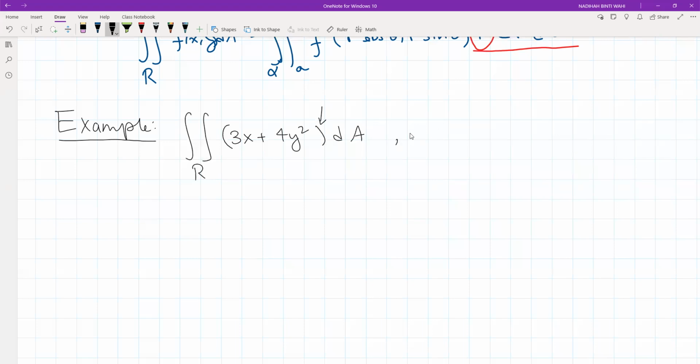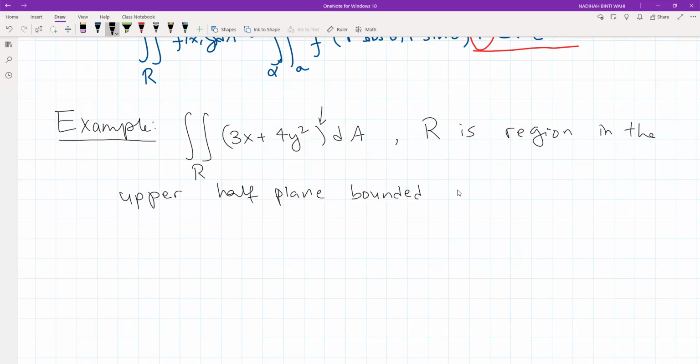And then R is the region in the upper half plane bounded by circle x squared plus y squared equals to 1.